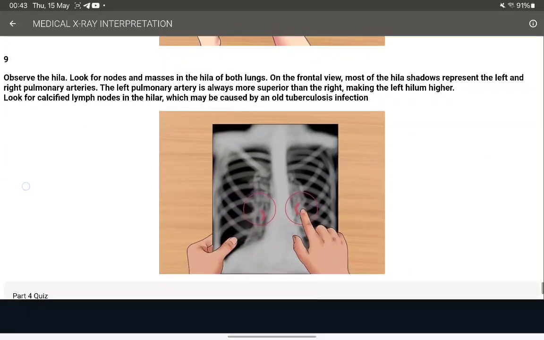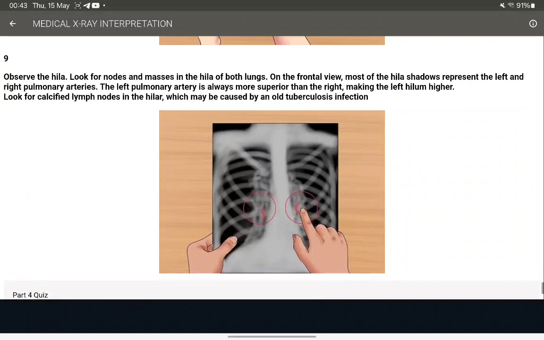The next, the hila. Observe the hila bilaterally. Look for nodes and masses. When we speak about the hila, we mean the area where the great vessels, like the pulmonary veins and pulmonary arteries, come from the mediastinum or the heart toward the lung.